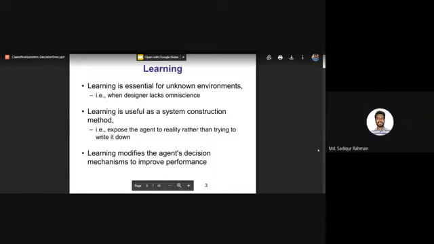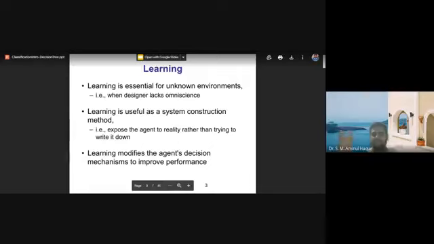Sir, without learning, how can I know that? Sorry? You can know from any previous algorithm. You can know it, but you cannot improve. The moment you start learning, you have a chance to improve. For example, you put 1 spoon of sugar, but that is not tasty.